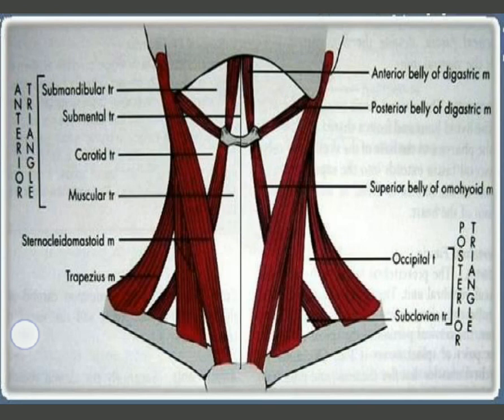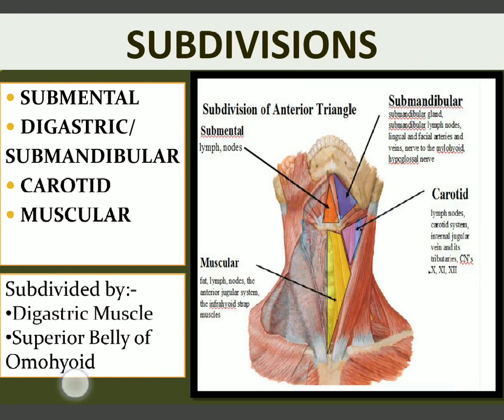So there are a total of 8 triangles, 4 on one side. The subdivisions are the submental triangle, the digastric or submandibular triangle, the carotid triangle and the muscular triangle, and these are subdivided by the digastric muscle and the superior belly of the omohyoid. We will discuss these triangles one by one in detail.